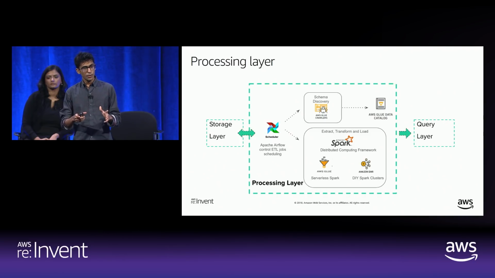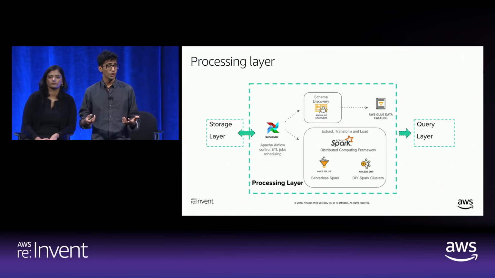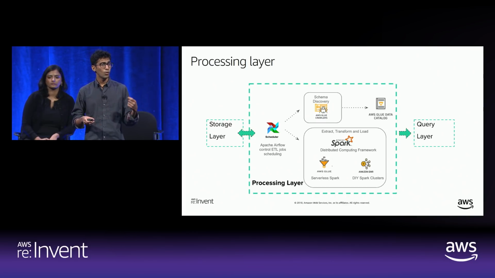Let's dive a little bit deeper into the processing layer. In the processing layer, we took a largely hands-off approach where we don't manage much of the infrastructure ourselves. We leverage Apache Airflow to control the ETL jobs and scheduling. We leverage the Glue crawlers to start figuring out what our unstructured data looks like and store this metadata into the Glue catalog, where it is then versioned and allows us to know what the data changes have been, what the new partitions that have been added are, and have those all in sync in one place.